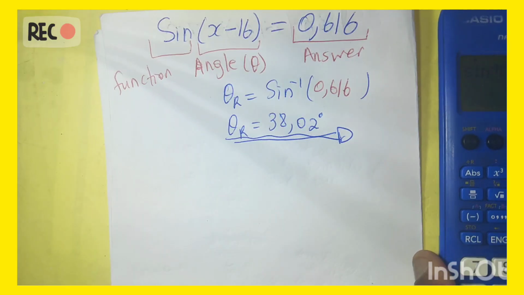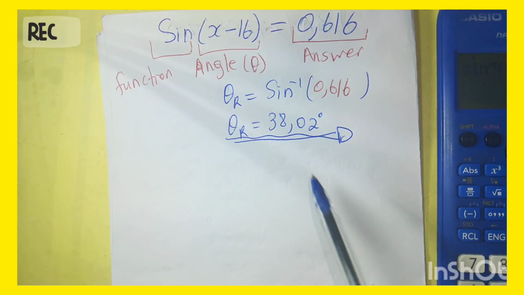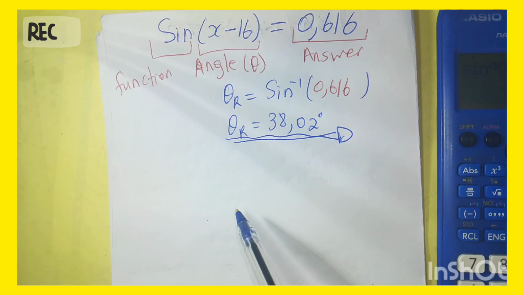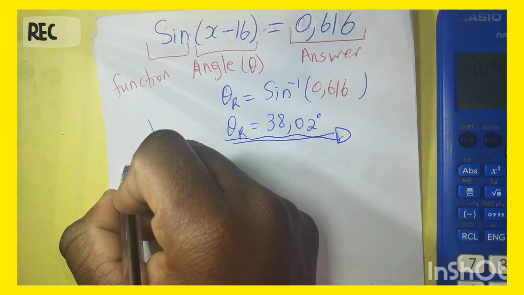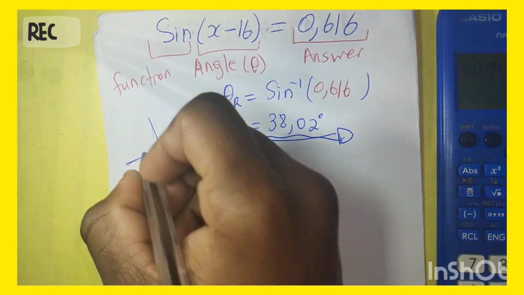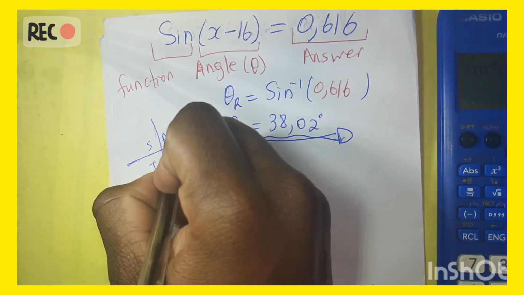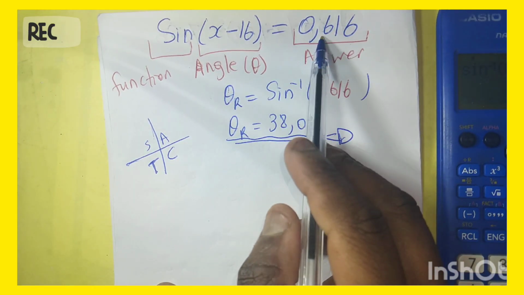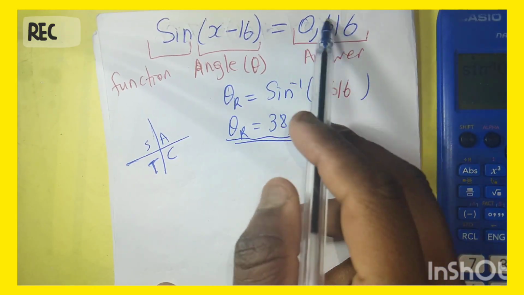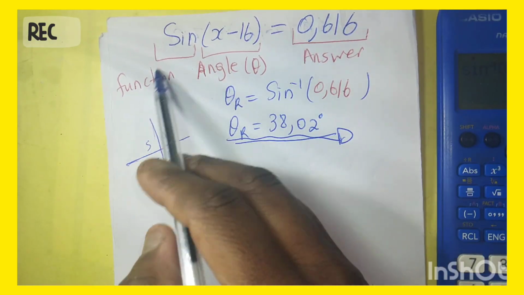Do you see? Now, after finding the reference angle, what should I do? I should find my general solution. For my general solution, I will go to this thing of saying All Students Take Coffee. If you take a look, that answer is positive, and that answer represents the function.